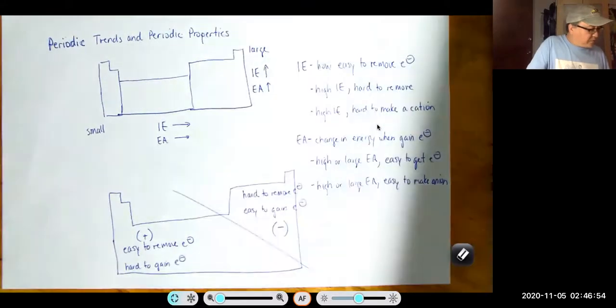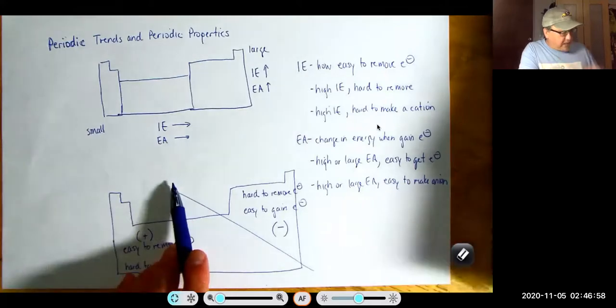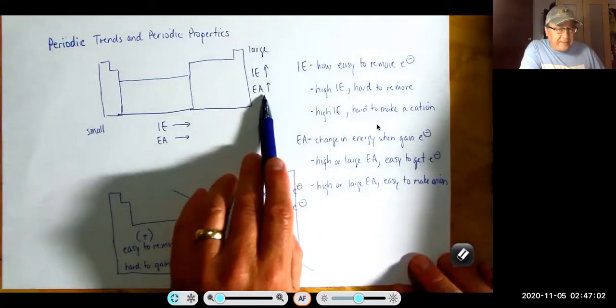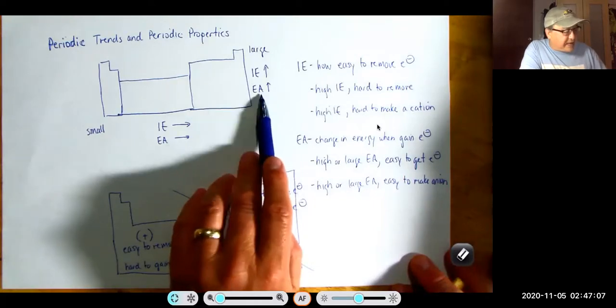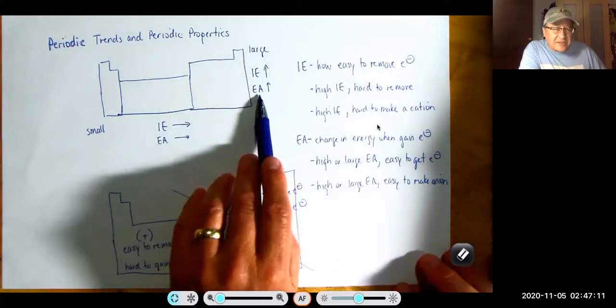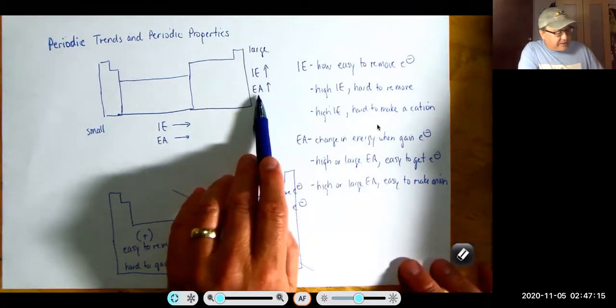So what I've drawn here is your general periodic table. And I've also drawn electron enthalpy or electron affinity and ionization energy. So here I'm looking at the opposite of electron enthalpy energy, which is this EA.